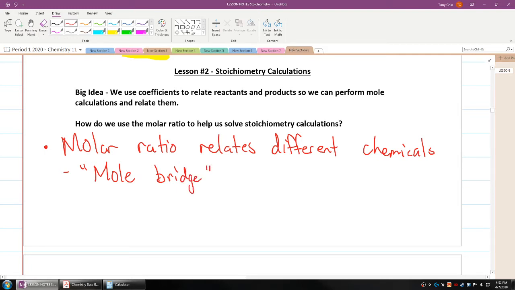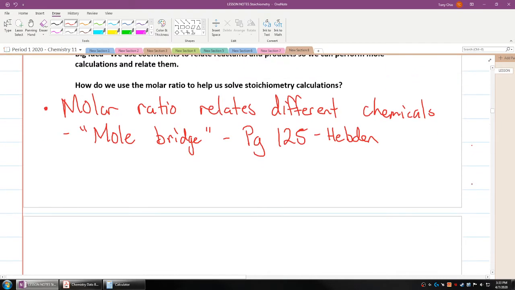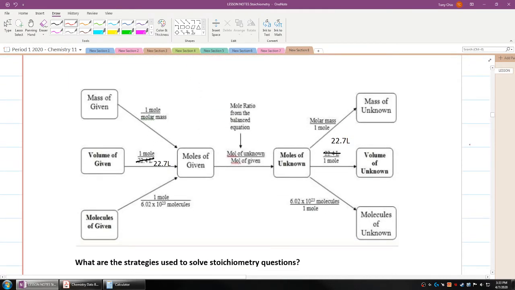Now if you go to page 125 of your Hebden, you will see this mole bridge in action. You're going to see that as long as we have a starting value, we can cross what we call the mole bridge to get to the other value. Now this is another version of this mole bridge.